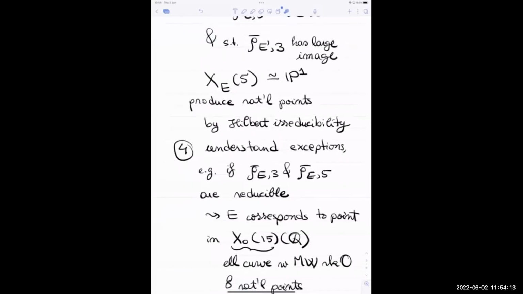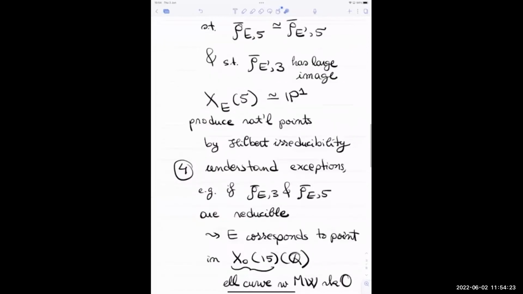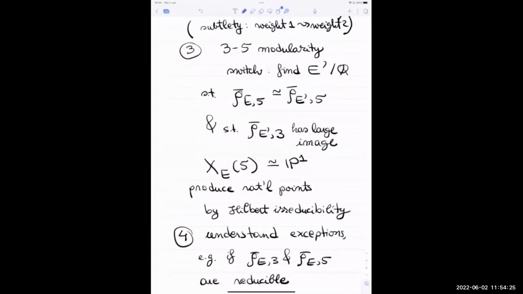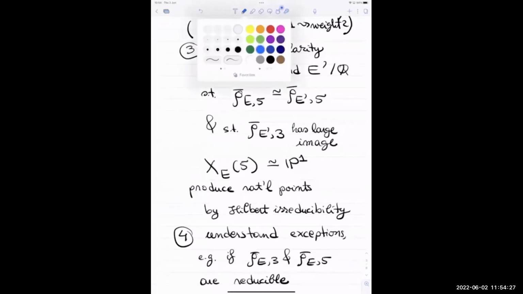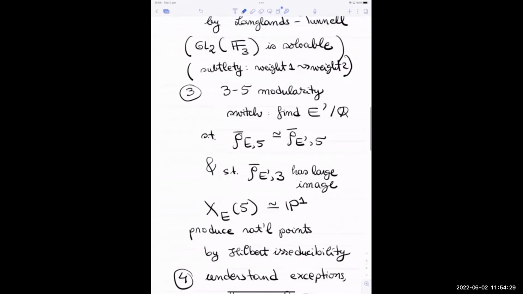And even if this has Mordell-Weil rank 0 over Q, it might still get rank 1 or higher over your real quadratic field. So you could still have infinitely many exceptions. And so for this reason, one wants to do also a 3-7 modularity switch.